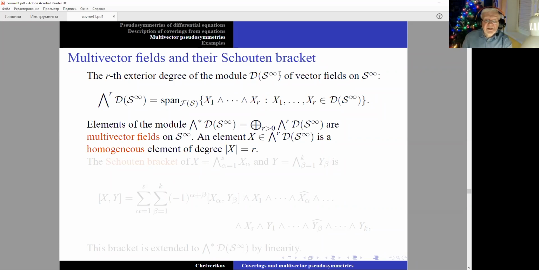We consider the r-th exterior degree of the module of vector fields on the infinite prolongation of S. Elements of this module are called multivector fields on S infinity. An element X is called a homogeneous element of degree r.